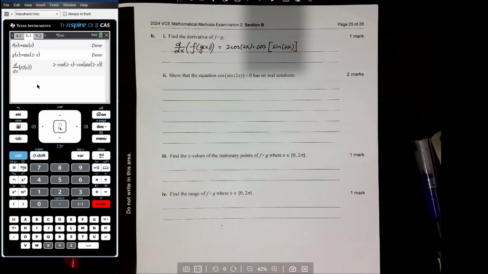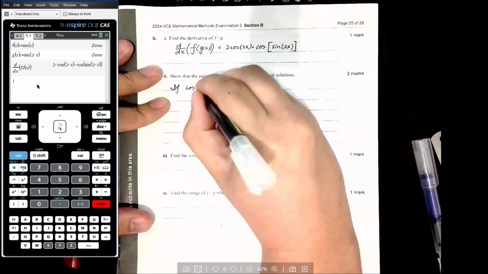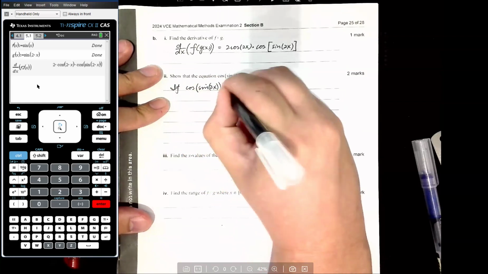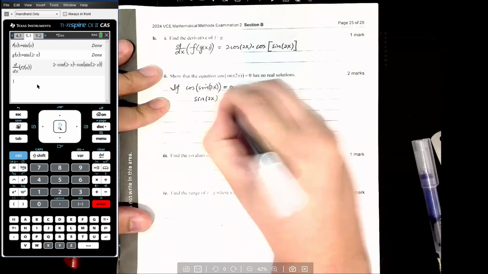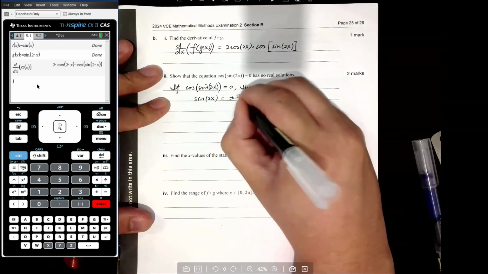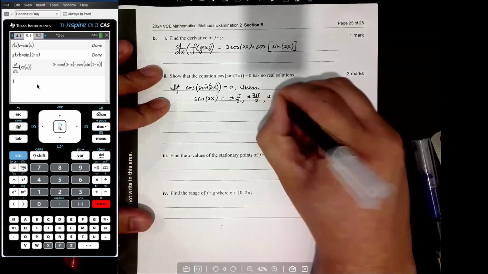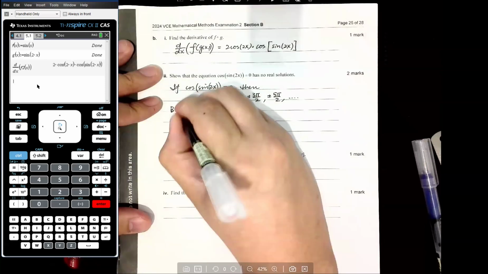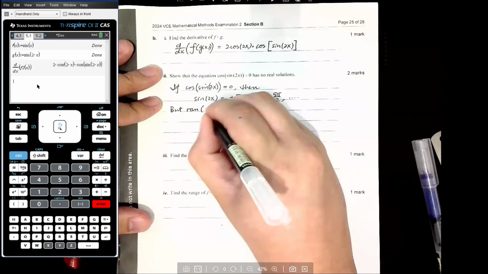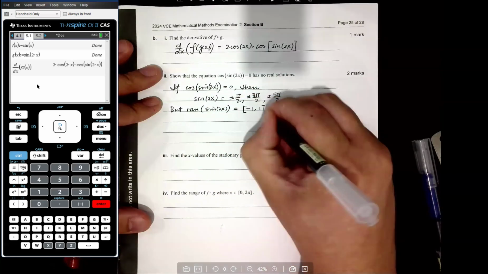Well, we are going to discuss this properly. For example, if cosine of sine 2x equals 0, then sine 2x is going to be plus or minus half pi, plus or minus 3 pi over 2, plus or minus 5 pi over 2, etc. But the range of sine 2x is minus 1 to 1.